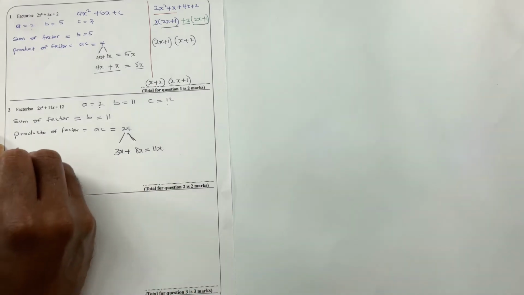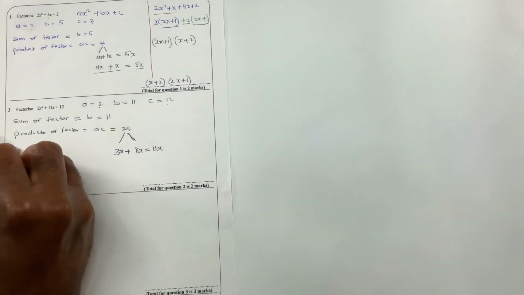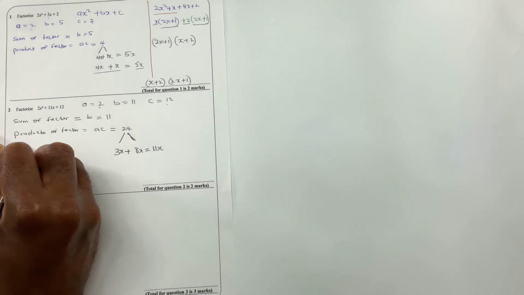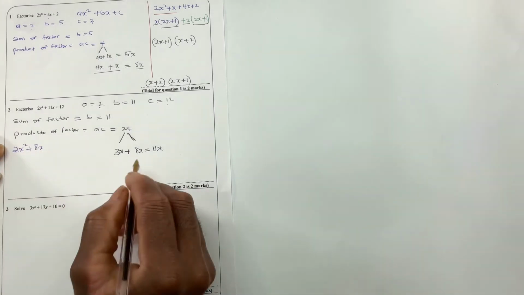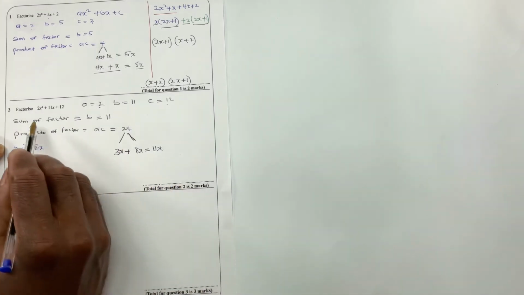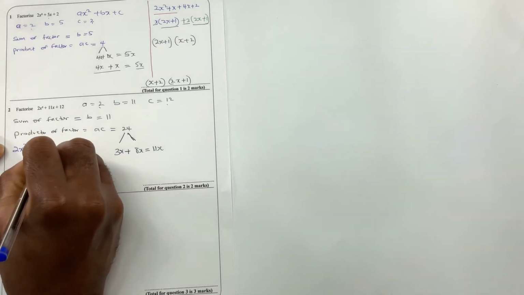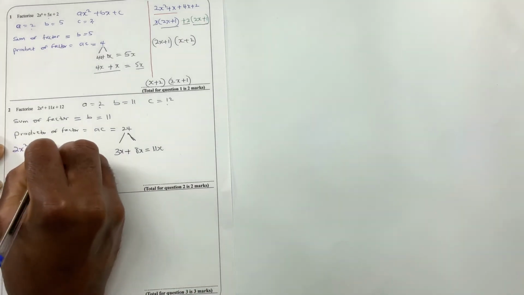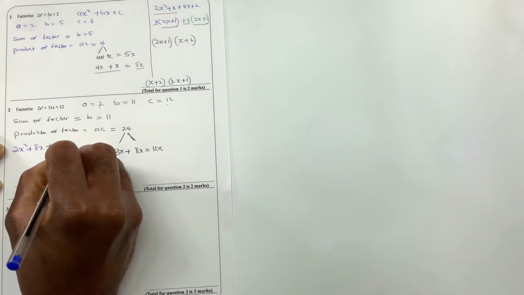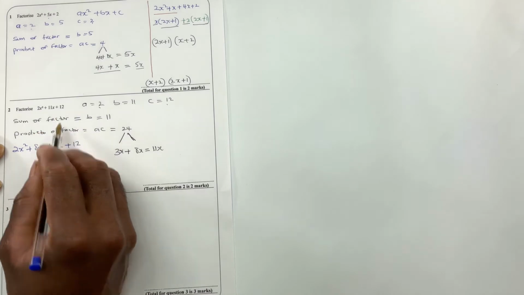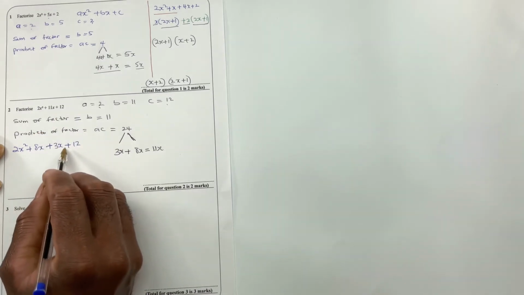So I can now write 2x squared plus 8x. Notice I put the 8x next to 2x because there's a common factor there. Plus 3x plus 12. I put 3x next to 12 because there's a common factor there too.